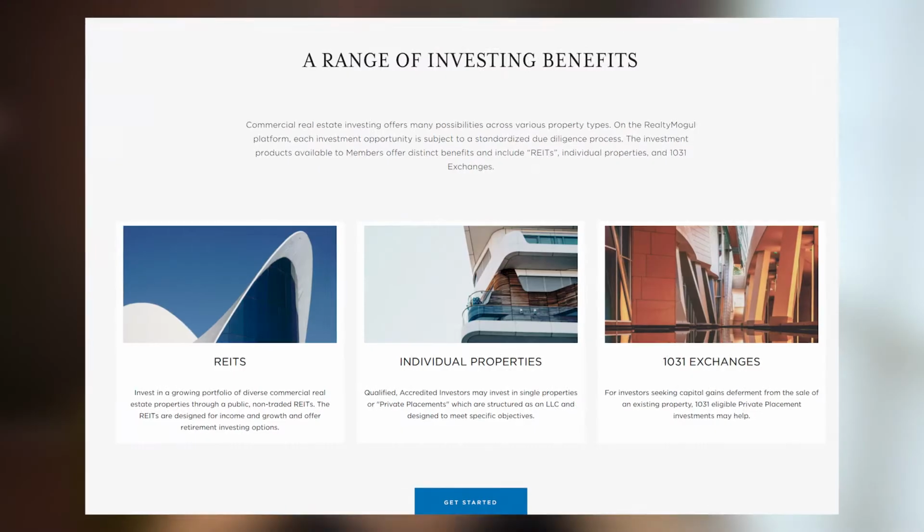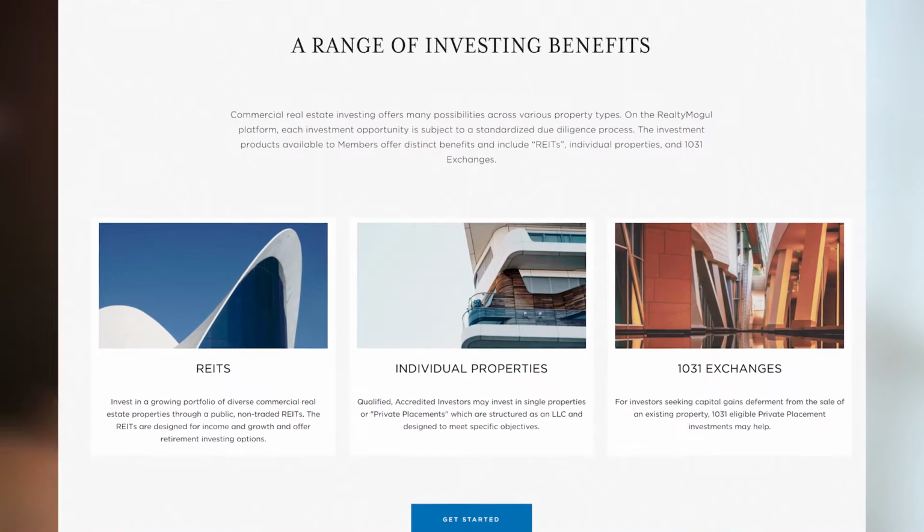So accredited investors are able to invest in any of RealtyMogul's offerings. And you know, it's pretty easy to become an accredited investor. You just have to answer some questions that RealtyMogul will send you, and if you match their criteria, you will become an accredited investor.